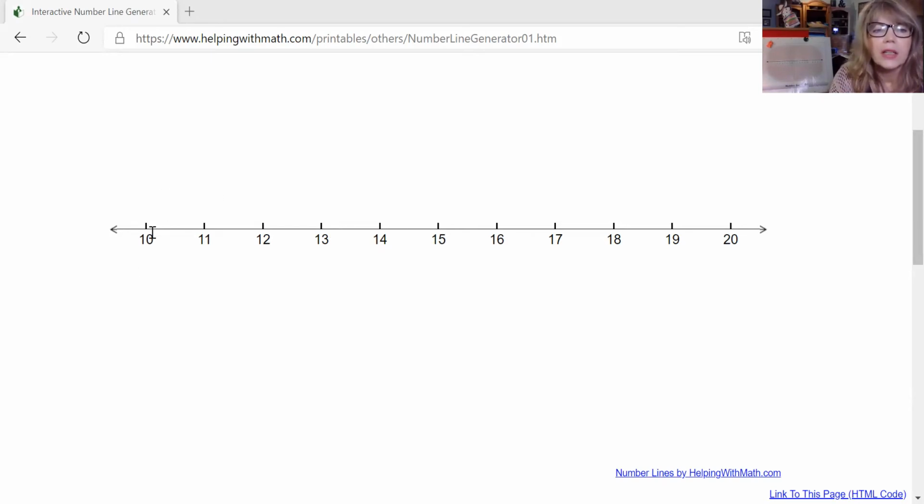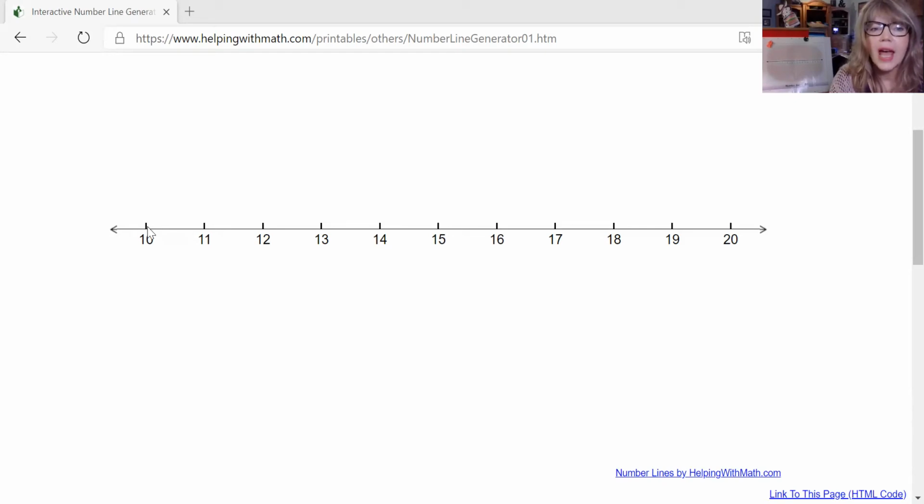If I started on number 10 right here, and I wanted to add 2 more to 10, what is 10 plus 2? Well, I would just move over 1, 2. I'd bounce over 2 times, and that would take me to 12. So 10 plus 2 more is 12.